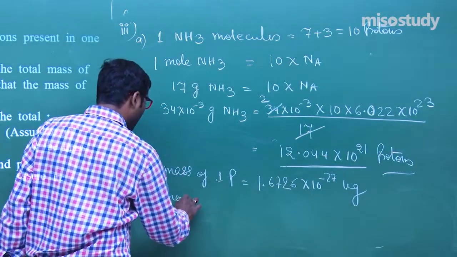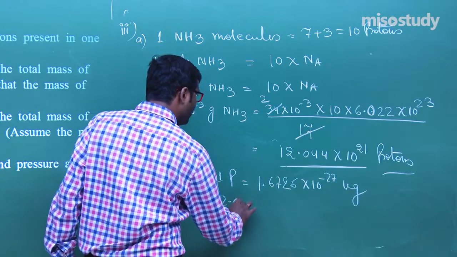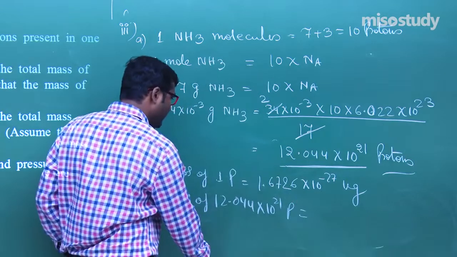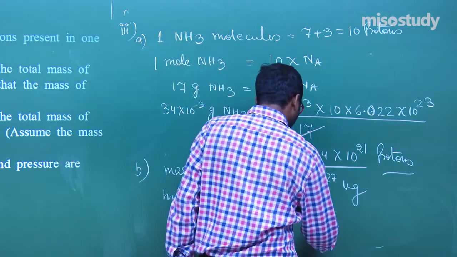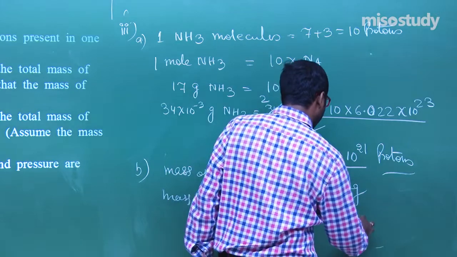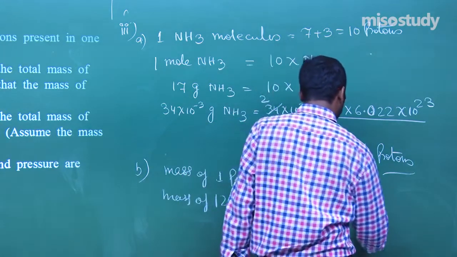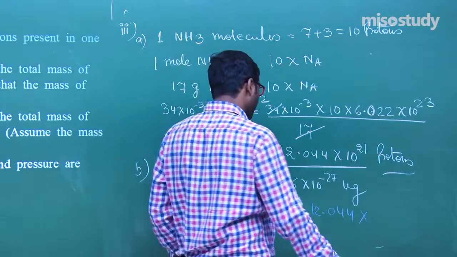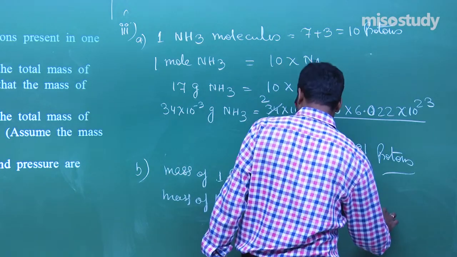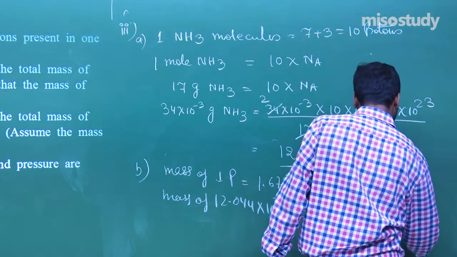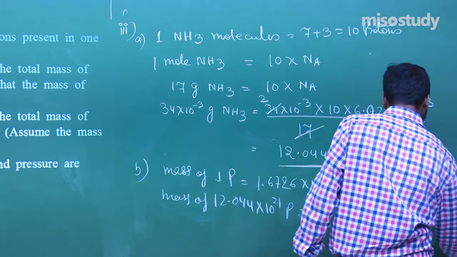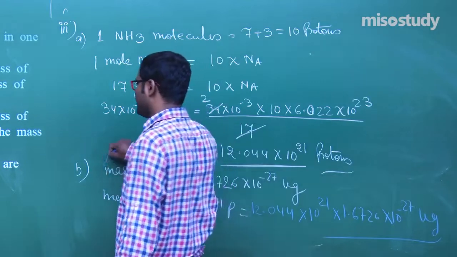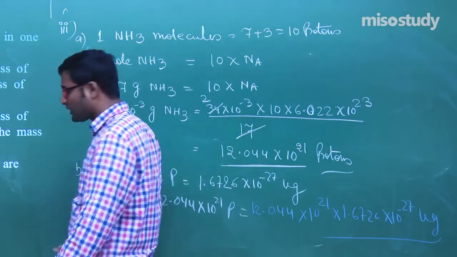So the mass of 12.044 into 10 to the power 21 protons will be equal to, big question, take a breath friend, 12.044 into 10 to the power 21 multiply 1.6726 into 10 to the power minus 27 kg. This is the answer. This is the complete solution of this question.